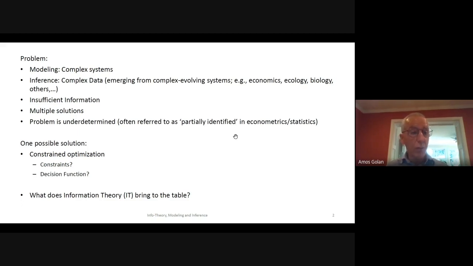So we need to do either pure modeling, based on some axioms or what we think we know, or the same thing when we do inference, where we face complex data because it emerges from some complex evolving systems. There are many examples, but what I wrote here are economics, ecology, biology, and of course, many other systems.